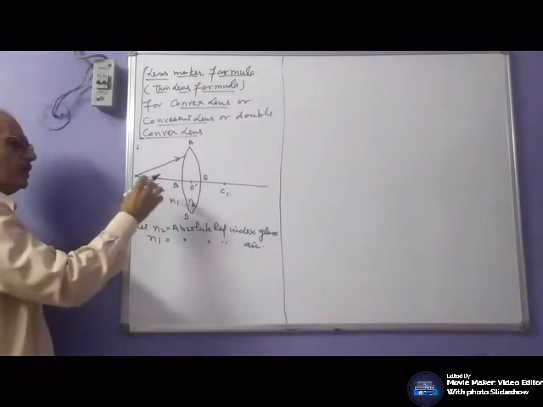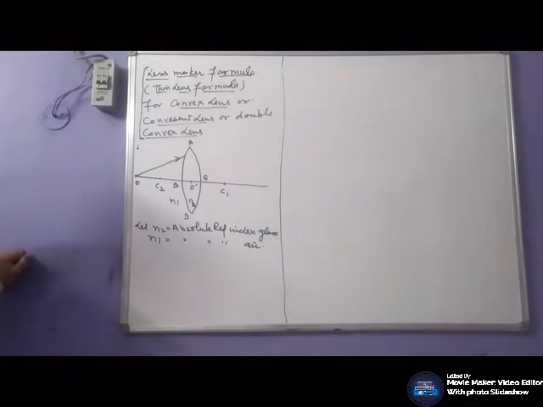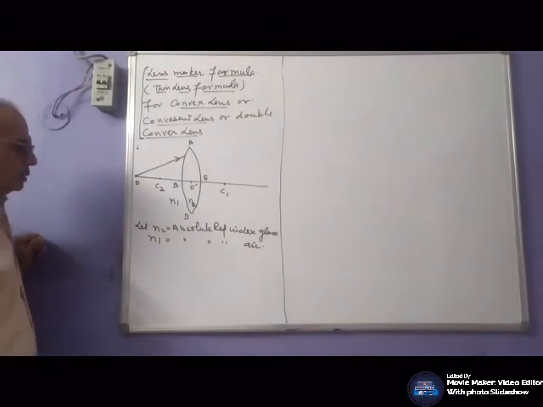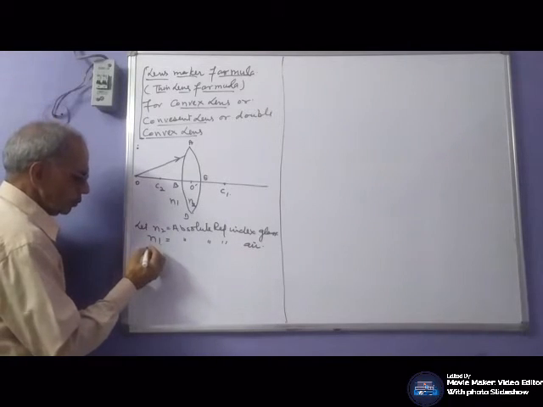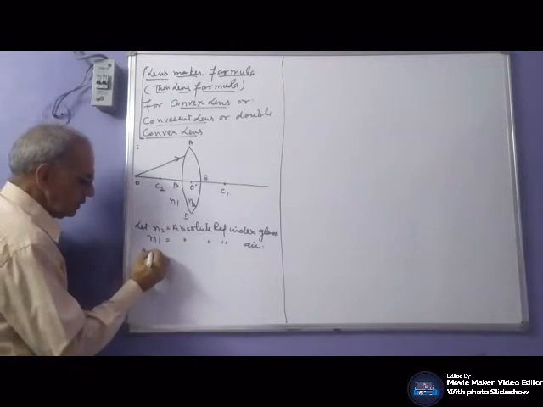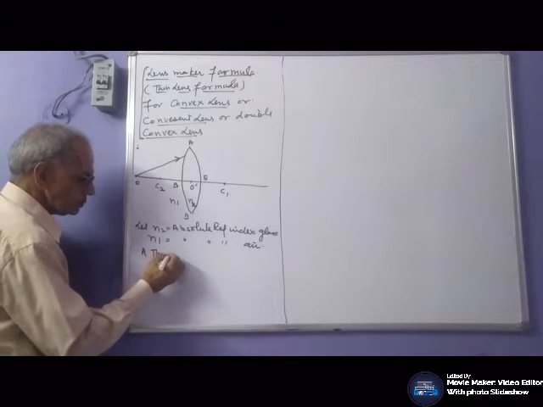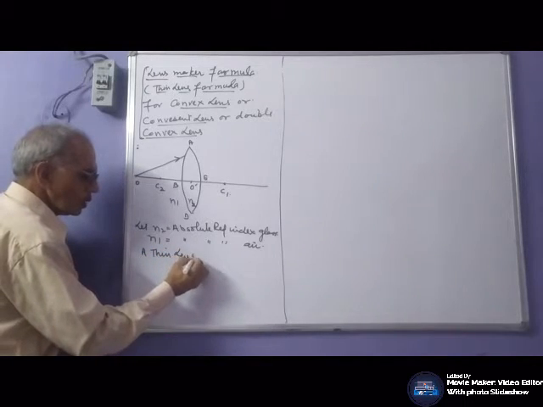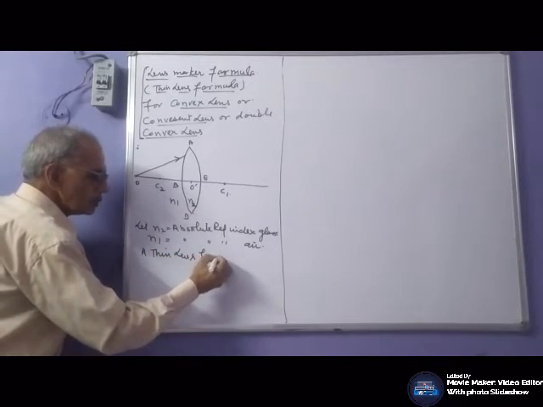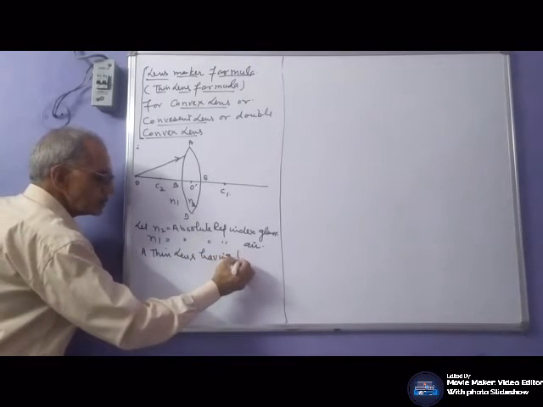This is the denser medium, this is the rarer medium. A thin lens having two surfaces.